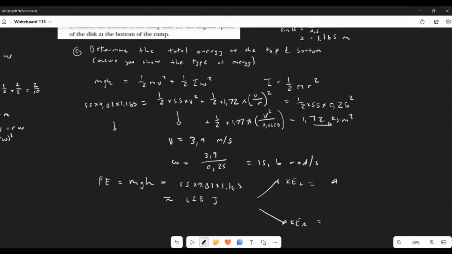So most of it is linear already. 418.275 joules. And then for our rotational counterpart, which will be half times 1.72 times omega squared, which is 15.6 squared, you get around 209.29 joules.